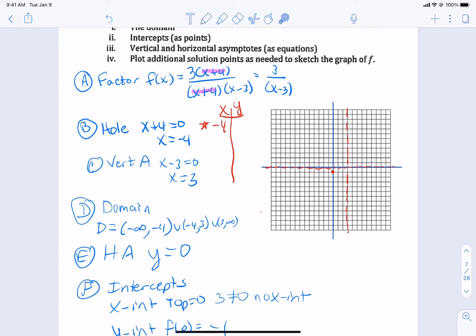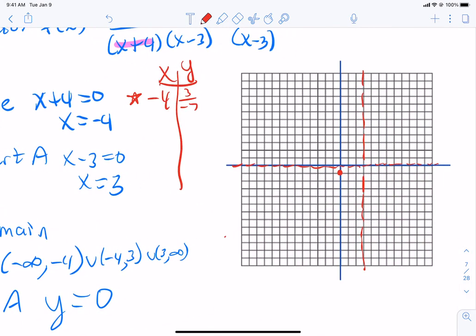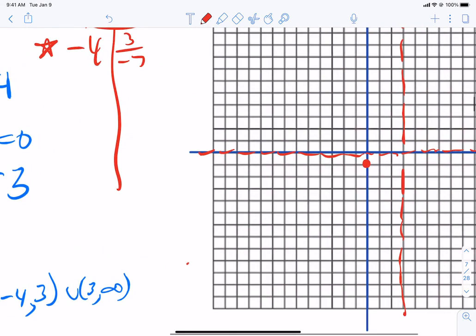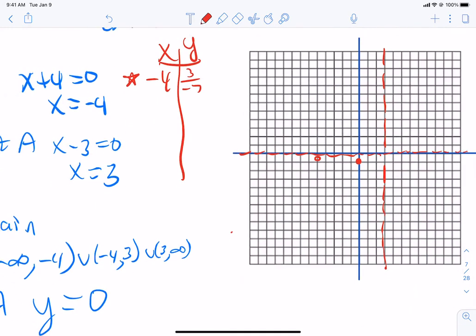So if I plug negative 4 into here, I get 3 over negative 7. So that's not quite a half. It's like negative 0.4. So go over to negative 4, and at negative 0.4, put an open circle.